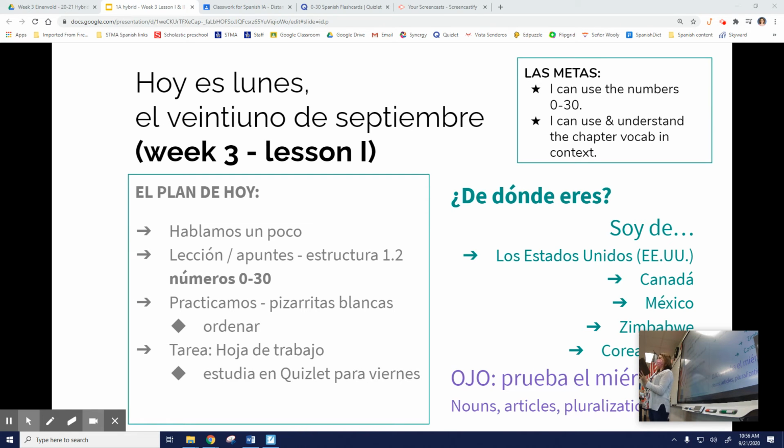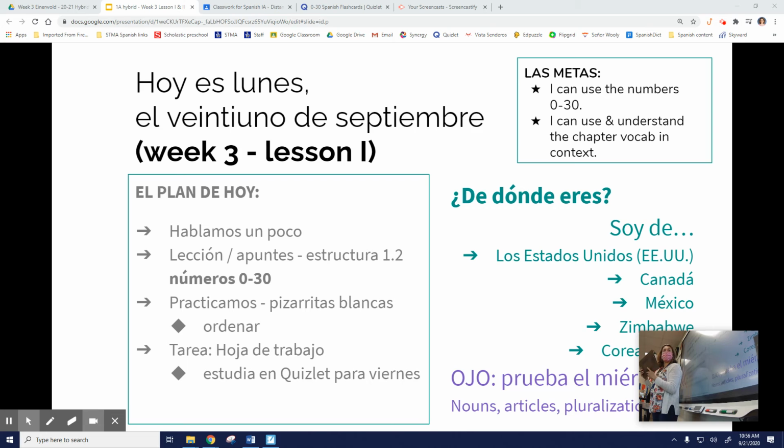Escribe, por favor, el número 30. Bien, excelente. Escribe, por favor, el número 13.